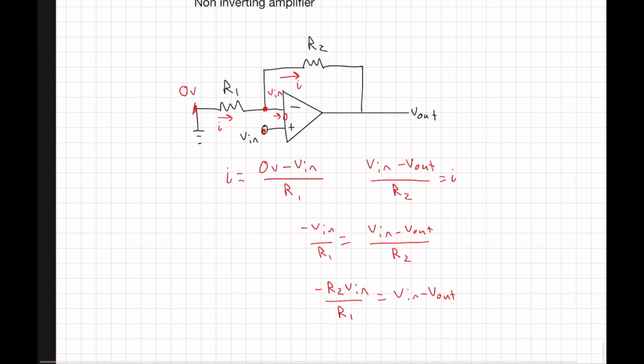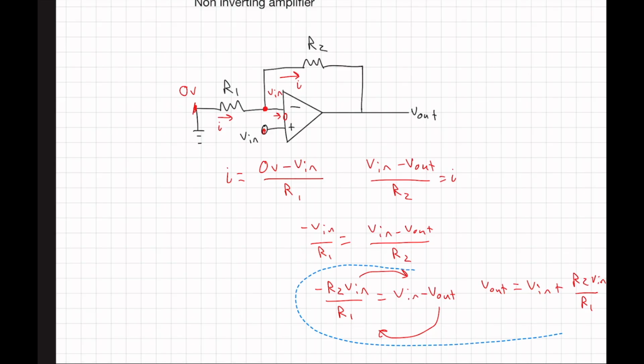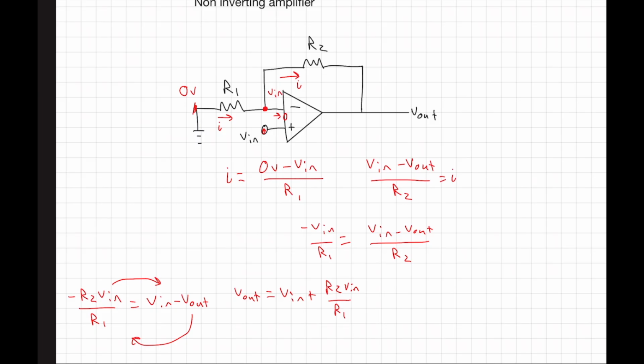Now what I can do here is move this Vout to this side and move this to this side. And we have Vout is equal to Vn plus R2 Vn over R1. Now let me move this over so I can finish on the right hand side. So we have Vout is equal to Vn times 1 plus R2 over R1, just factoring out that Vn. So now we have Vout over Vn is equal to 1 plus R2 over R1.